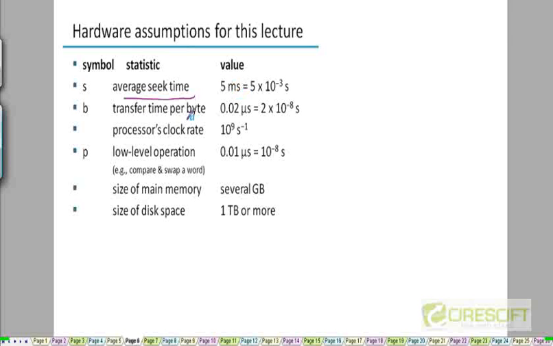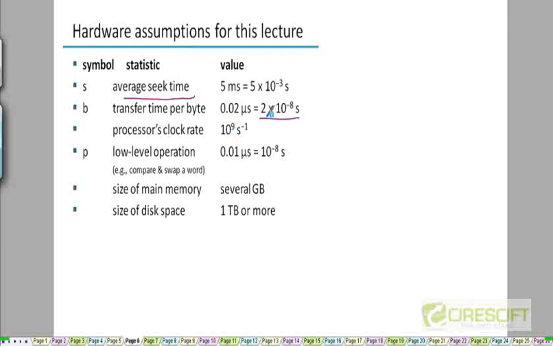Whereas if you look at the amount of time it takes to transfer a byte from disk to main memory, that's about 2 into 10 to the power minus 8 seconds. So we're talking about fractions of microseconds here. And the amount of time it takes to access a byte from main memory will be governed pretty much by the processor's clock rate.